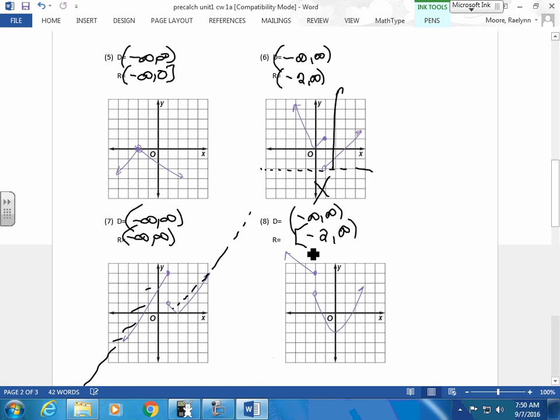Hard bracket. What if I had this guy stop? I know it's kind of fun to do that, but what if I did this? If I stop this right here, what would my domain be? -infinity to 3. Good. Would it change my range? Yes. What would my range be? -2 to 2.